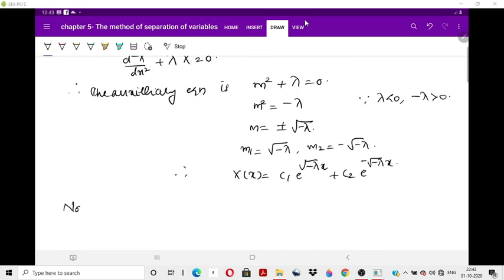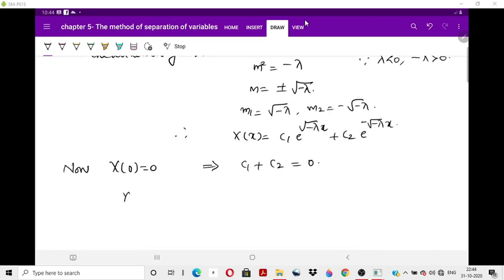Now X of 0 equal to 0 implies c1 plus c2 equal to 0. Now X of L equal to 0 implies c1 e raised to root of minus lambda L plus c2 e raised to minus root of minus lambda L equal to 0.